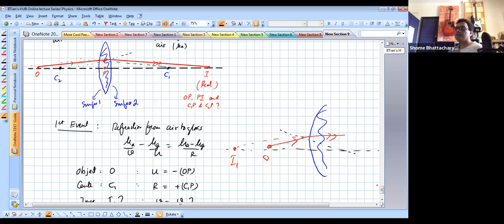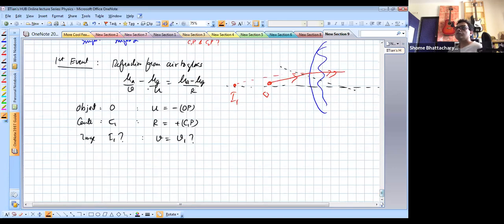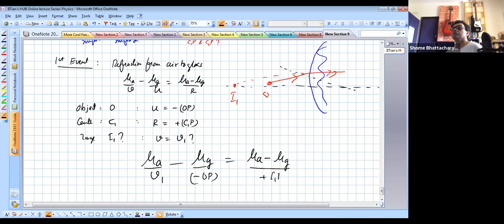So now apply the formula to this one. So mu2 by V, that is refractive index of air, divided by V1 minus refractive index of glass divided by minus of OP is equal to mu A minus mu G divided by plus of C1P.